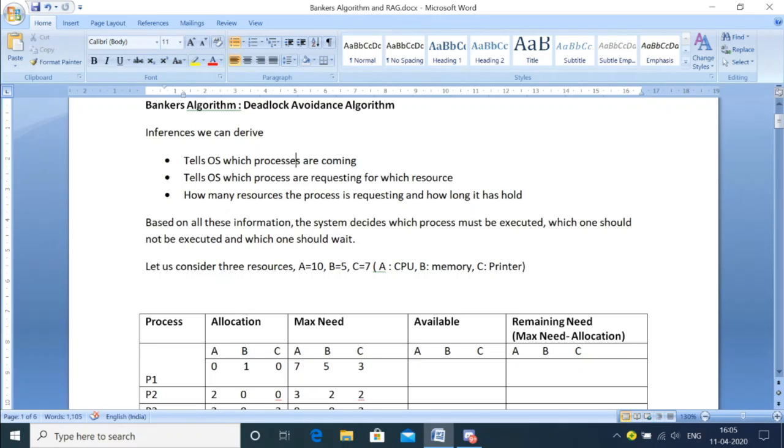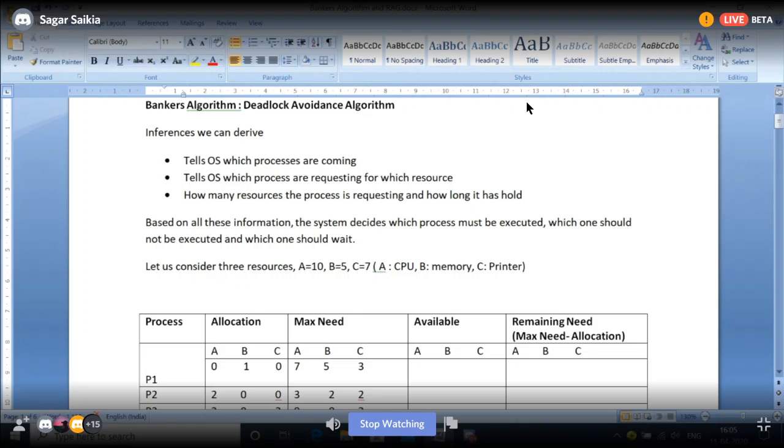Now, what conclusions can we draw from here? Through Banker's algorithm, we will be able to tell the operating system which processes will be coming, that means which will be executed by the CPU.